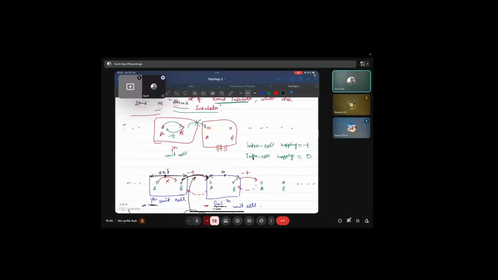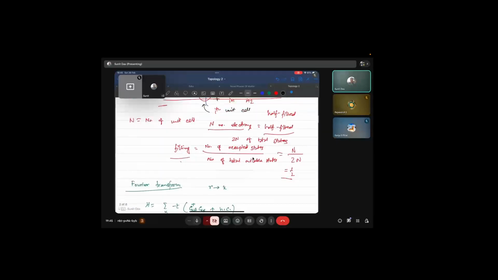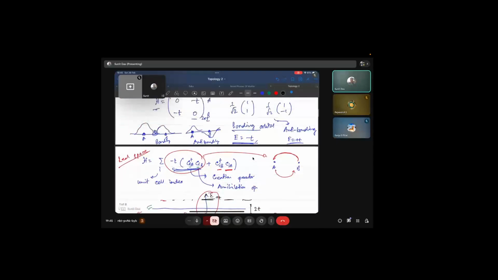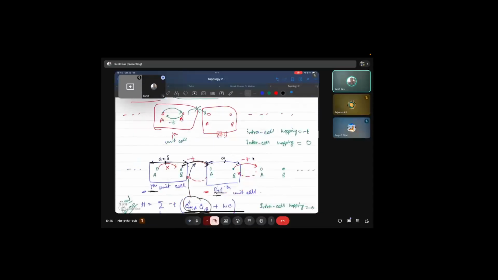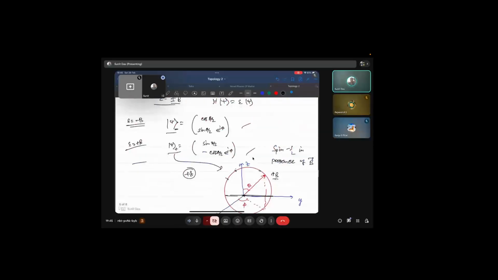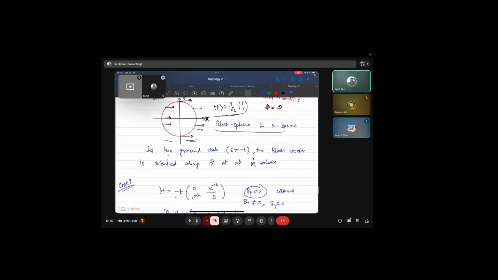So this was the psi actually. Bonding orbital. I mean, energy is minus T, so low energy state, right? For the first case one, it was always oriented along the x direction. That's what we have done.